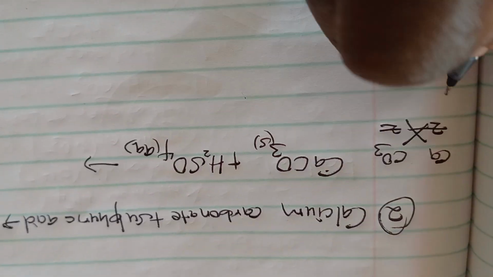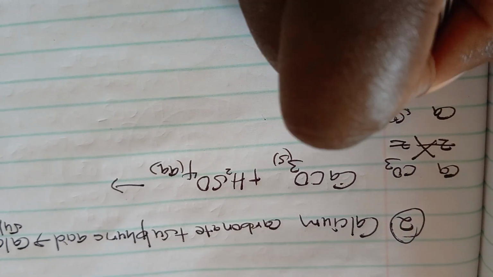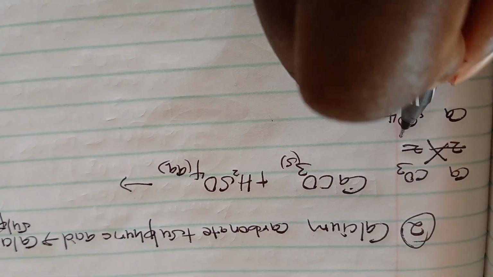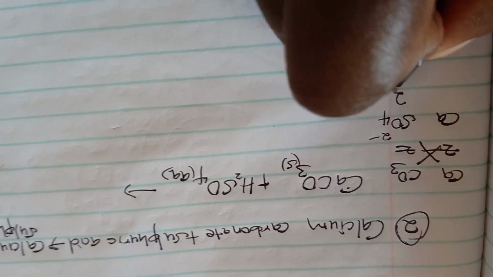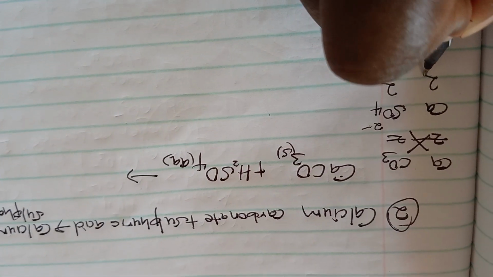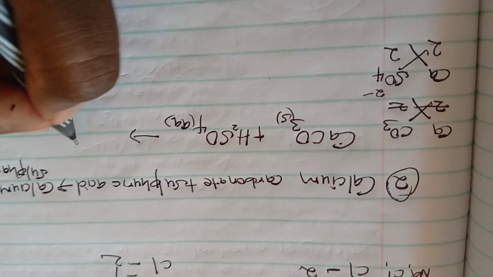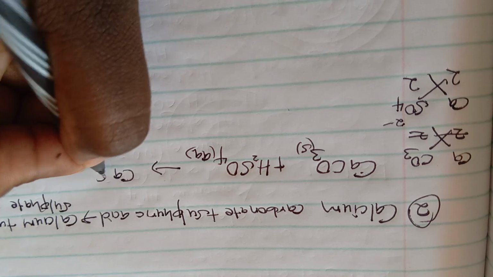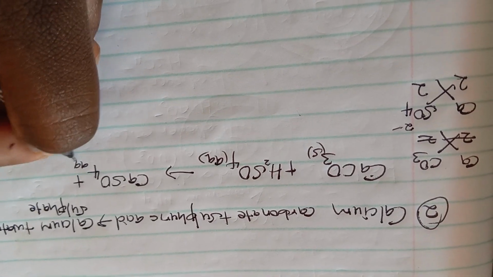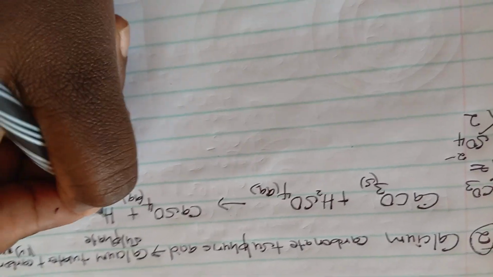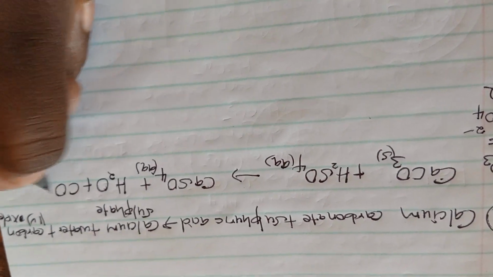So it will give you calcium sulfate. Again, write it somewhere, calcium sulfate. So sulfate is SO4. Sulfate is valency 2, calcium is valency 2. So they exchange the valencies and then they cancel out. So you have calcium sulfate plus water, written as H2O, plus carbon 4 oxide, which is CO2.